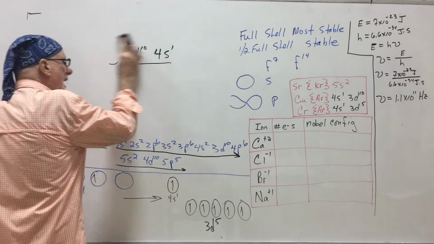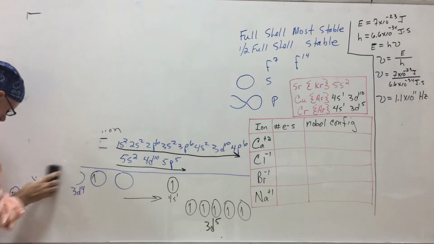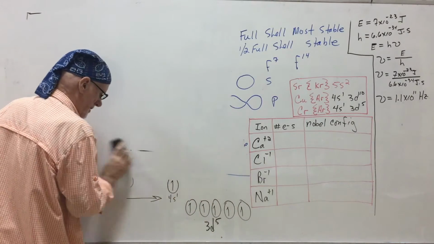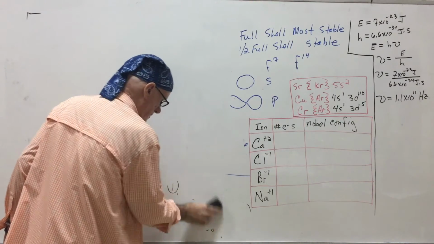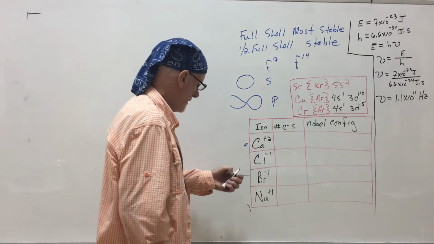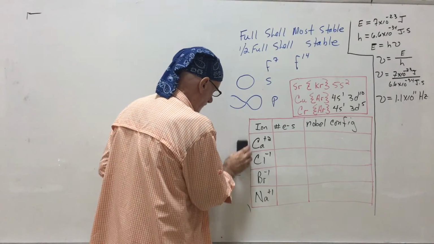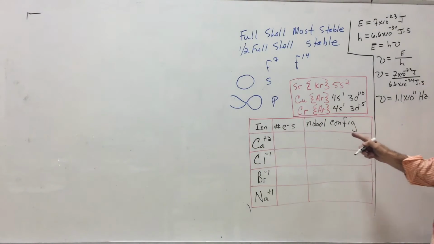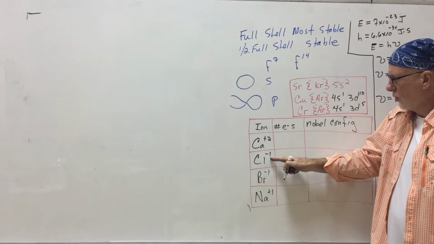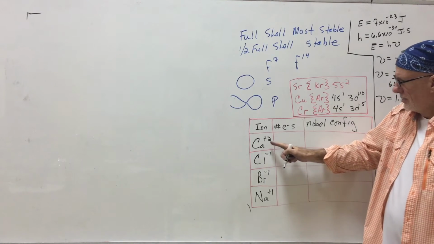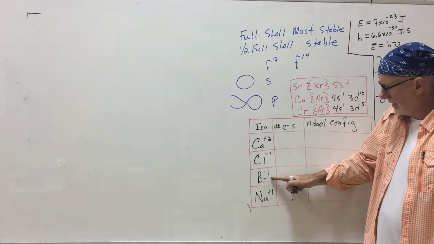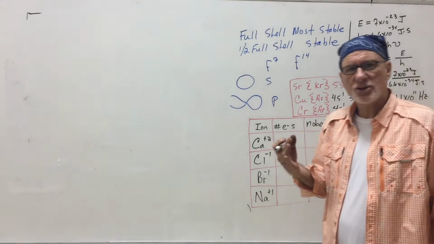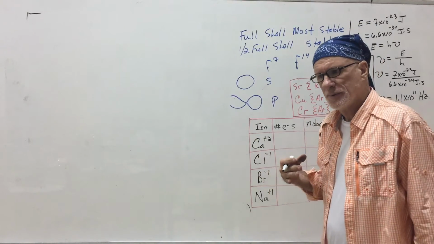Okay? So let's erase that. And then let's see, what else? Here I have 4 ions. That's a cation, anion, anion, cation. How many electrons are in each of those ions?